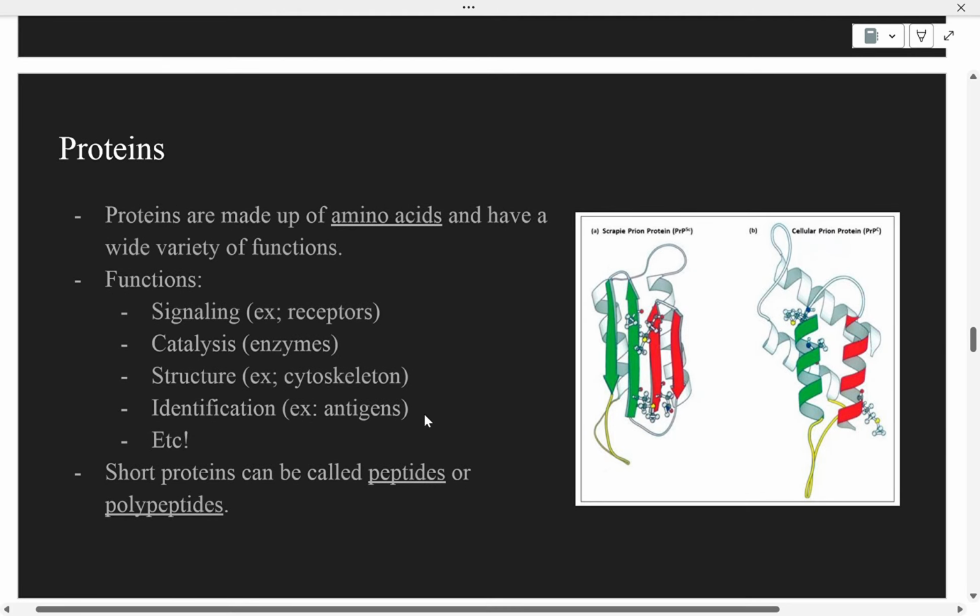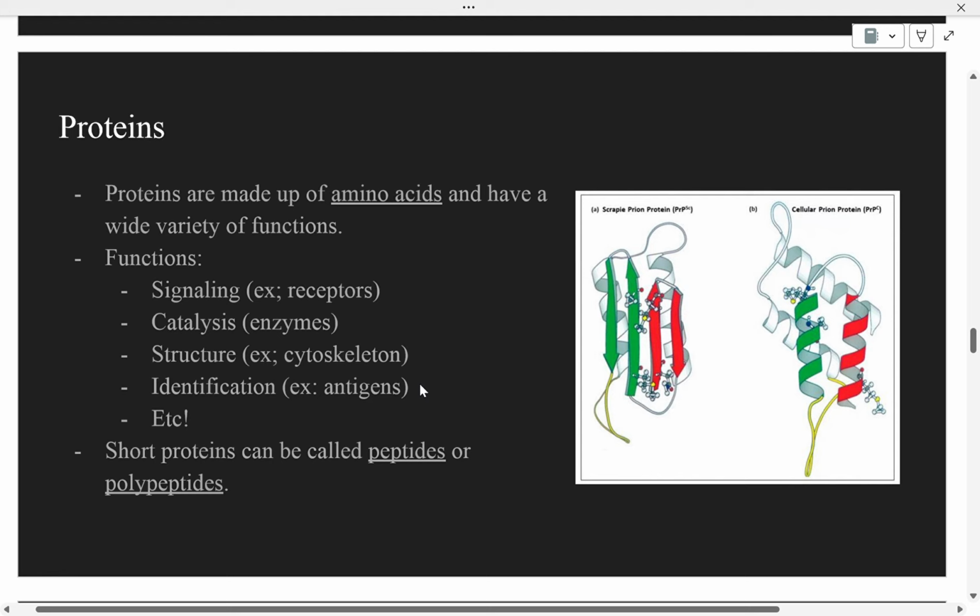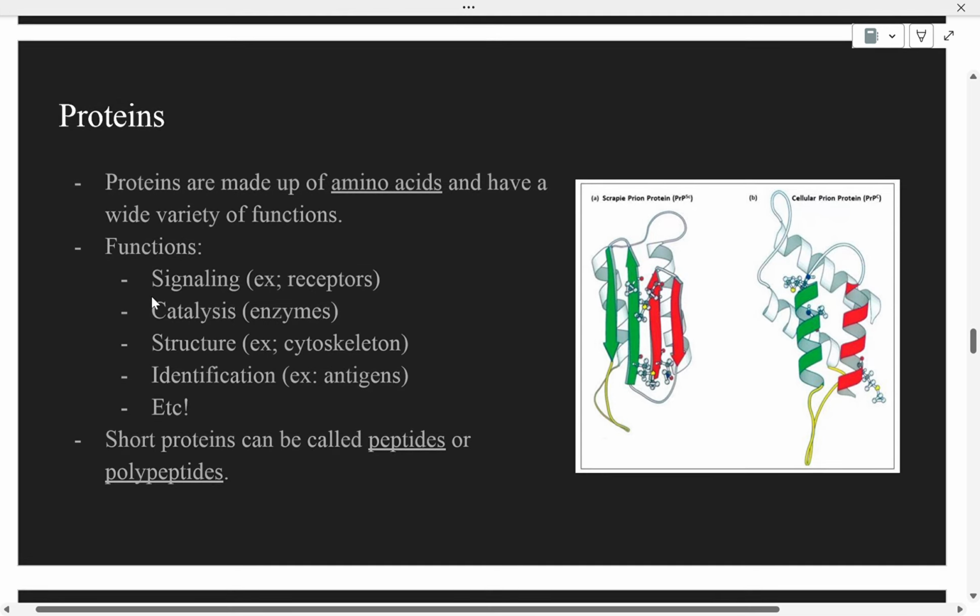Okay, now let's move on to proteins. Proteins have a wide variety of functions in the body, and they're also polymers. The smallest subunit of a protein is an amino acid, and we'll look at what that means later. So I just wrote down a few functions out of the many. We have signaling.